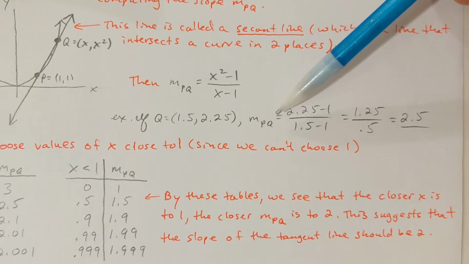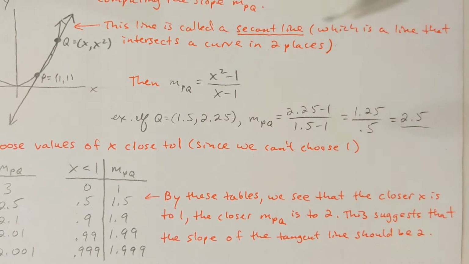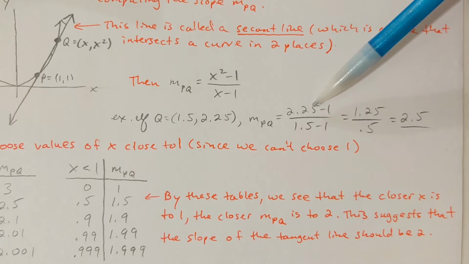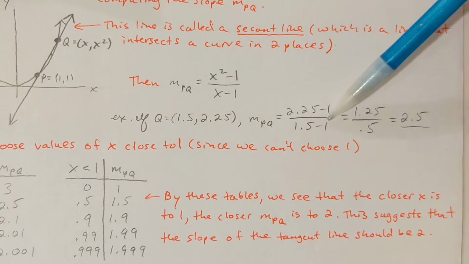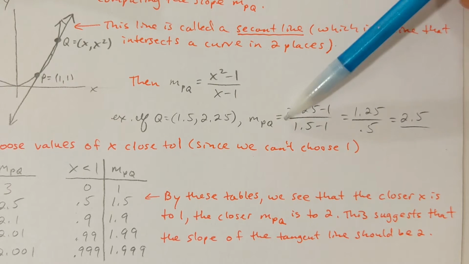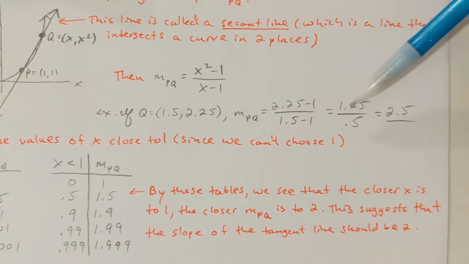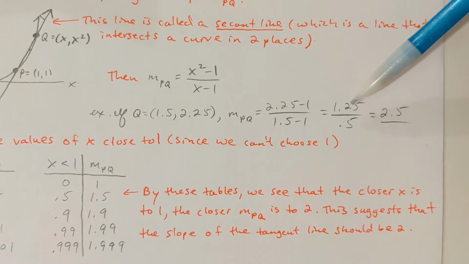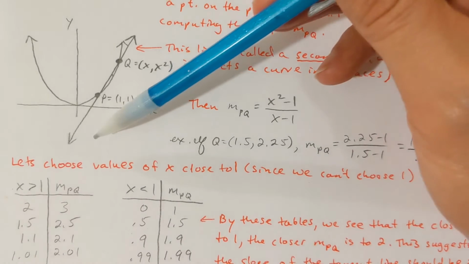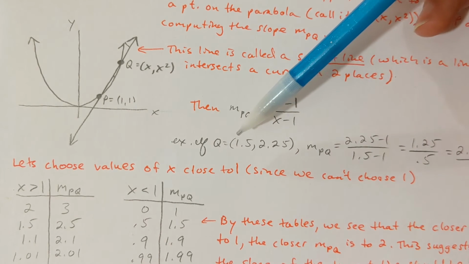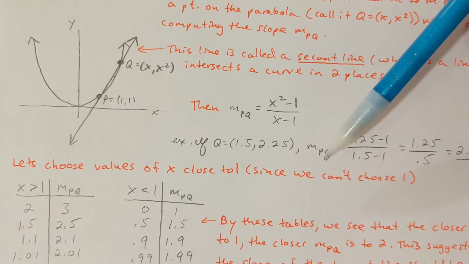Well, then the slope of that line passing through points P and Q would be where you take 2.25 minus 1 divided by 1.5 minus 1. Change in y over change in x. Simplify that, and you should be getting 2.5 then as the slope of this line, okay, if x is 1.5.